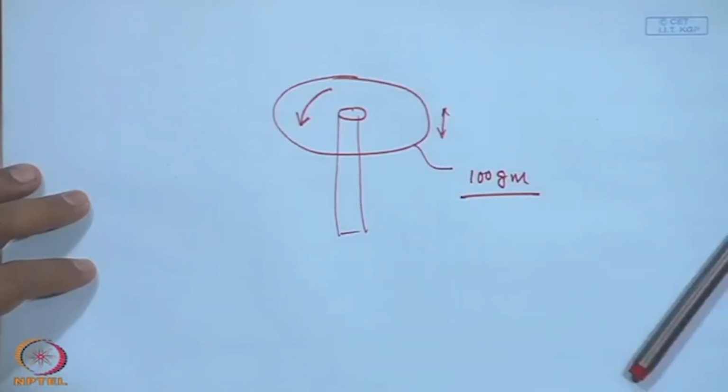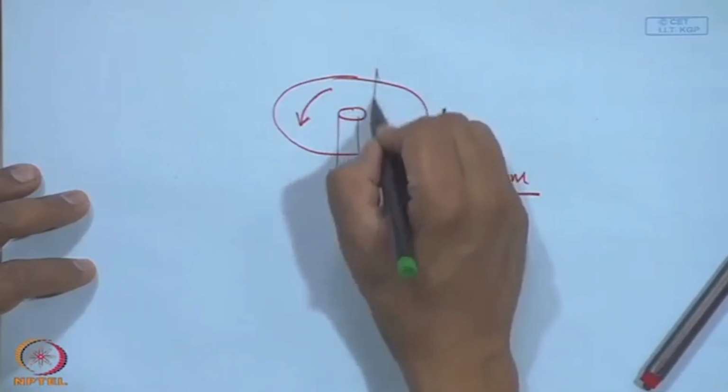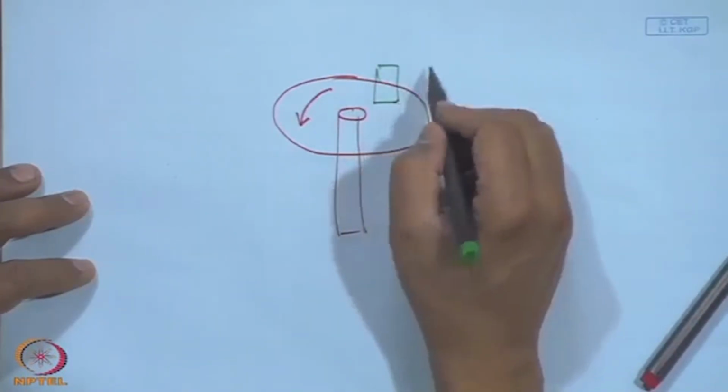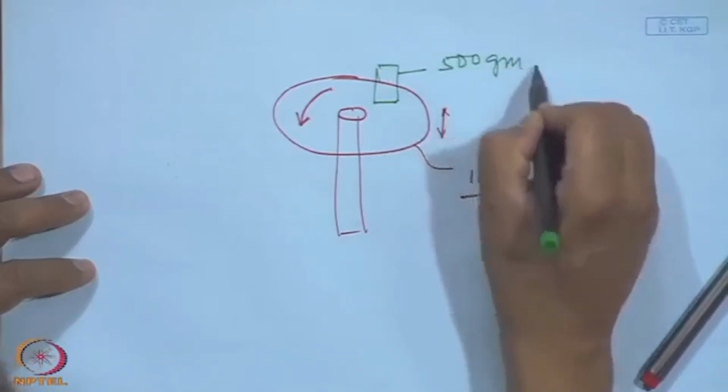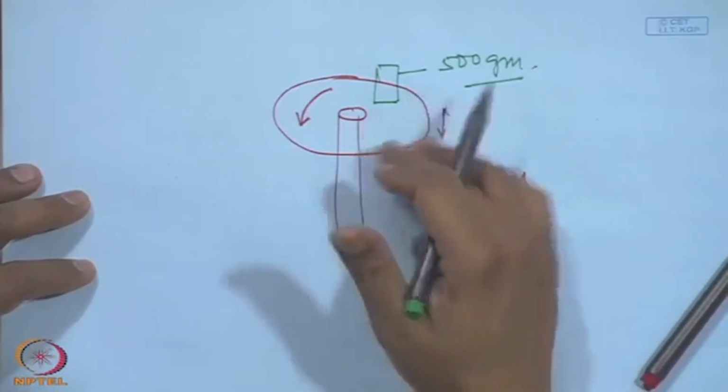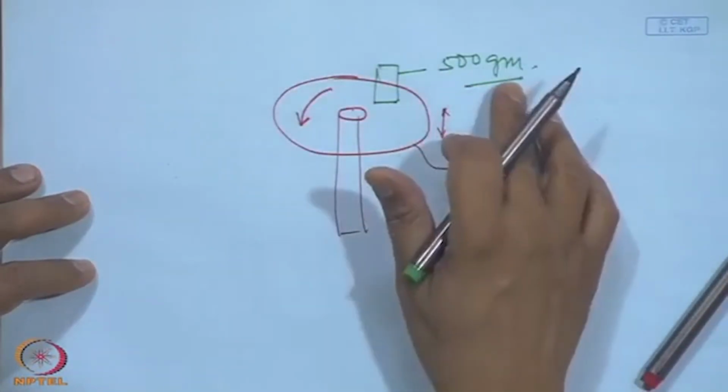I obviously cannot put an accelerometer on this which is weighing 500 grams, because the entire dynamics of the system is going to change.